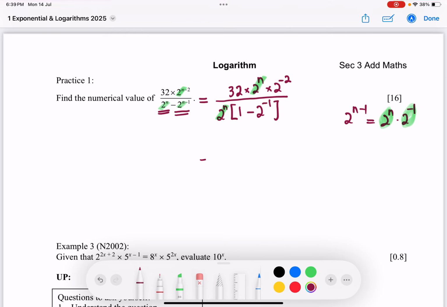Can you see that from here, this expression will simplify? 32 times 2 power negative 2 is basically 1 over 2 squared. So I can simplify this. Now my denominator will just have 1 minus half. And from here we can simplify the numerator to 16.